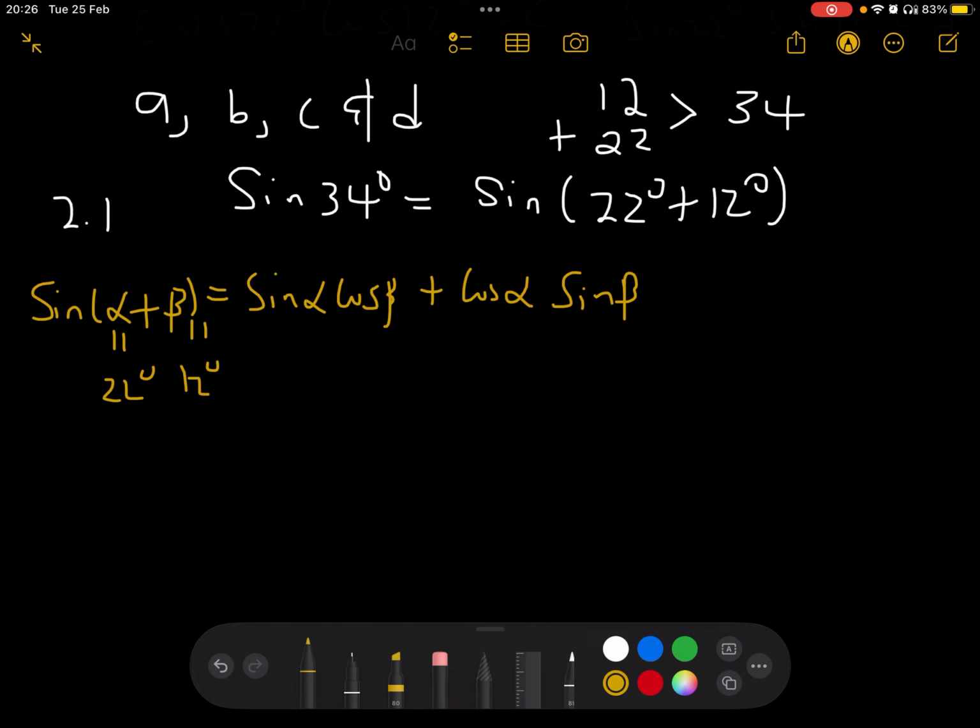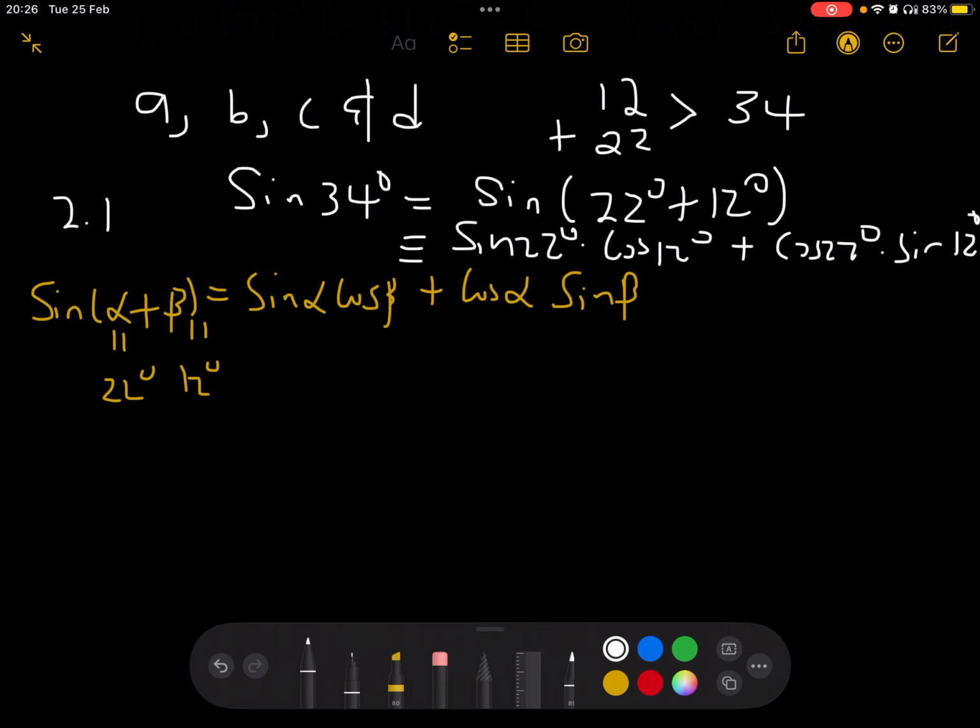In our case alpha is 22 degrees, beta is 12 degrees. So we can take it back here to say this is equal to sine 22 degrees cos 12 degrees plus cos 22 degrees sine 12 degrees.